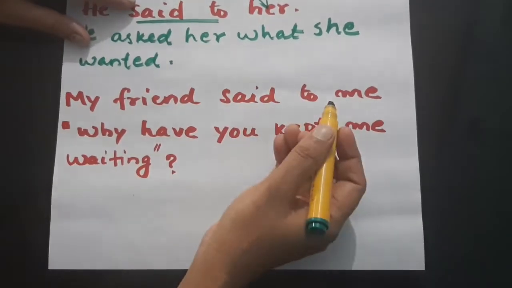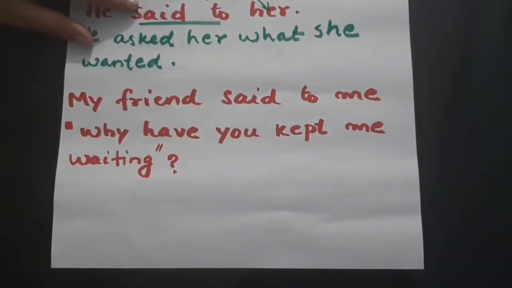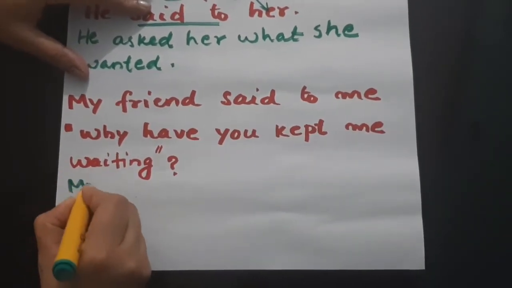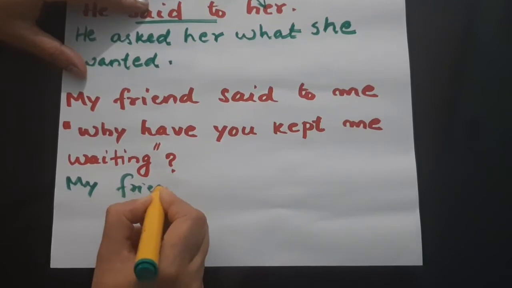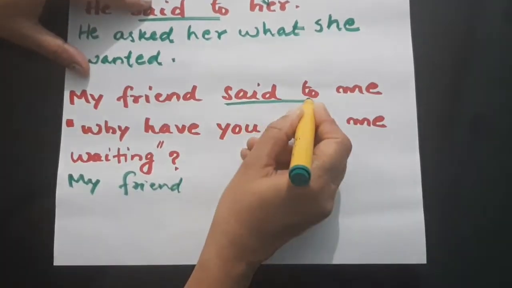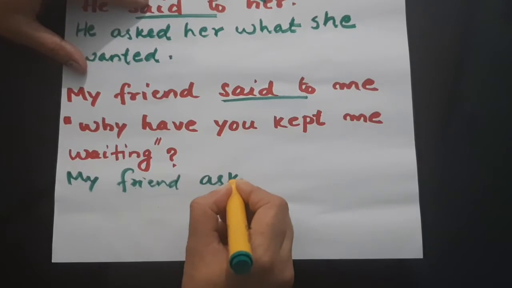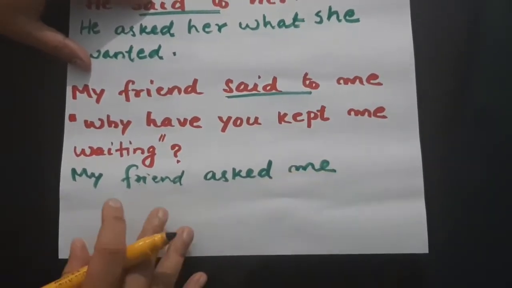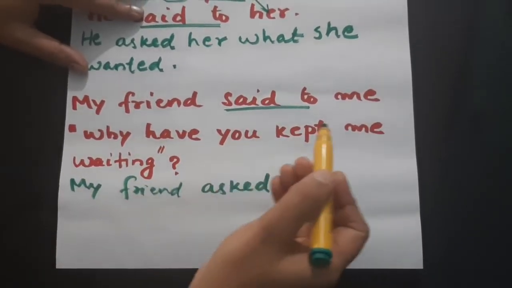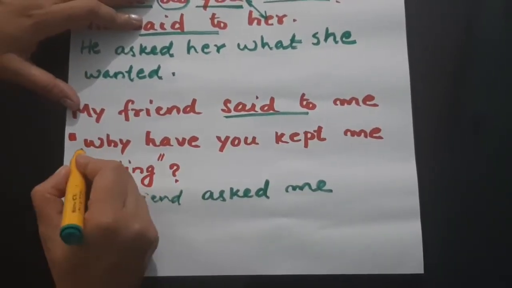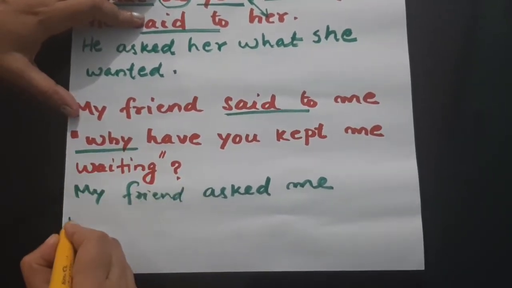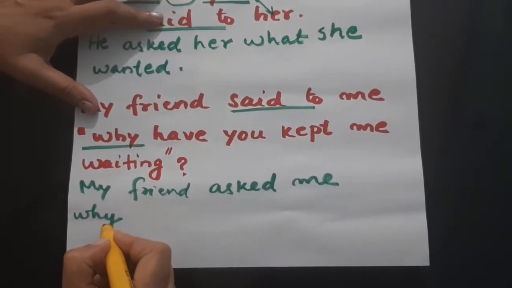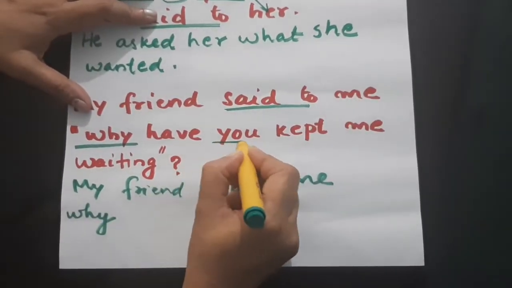My friend said to me, why have you kept me waiting? Okay, my friend said to. You know that it is asked. My friend asked me. See, why have you kept me waiting? You have a question word here already, that is why. See, the question word will be followed by the subject, you know that.